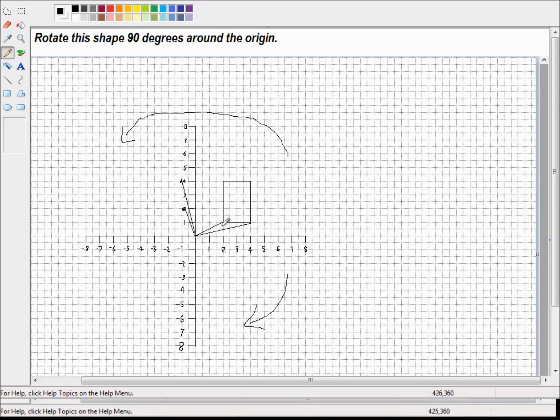So then I can draw this line here, and then I want 90 degrees and the same length. So that would put it here.